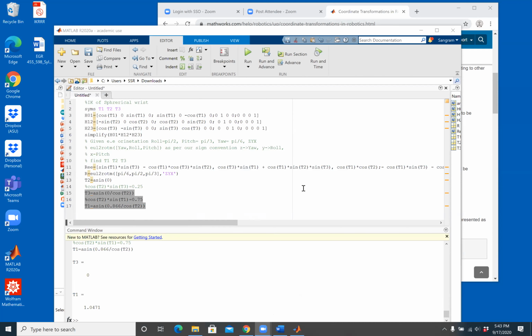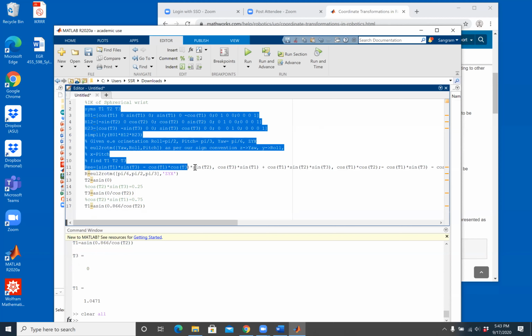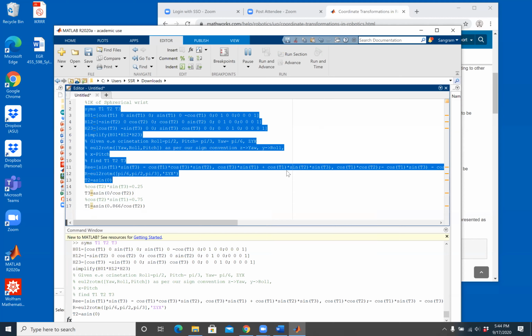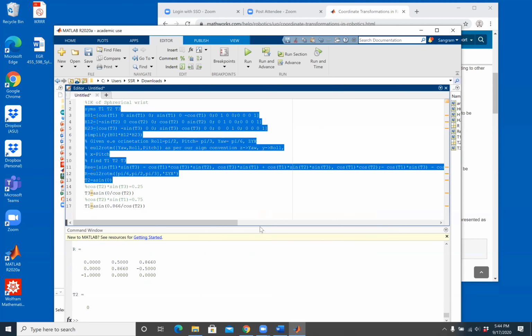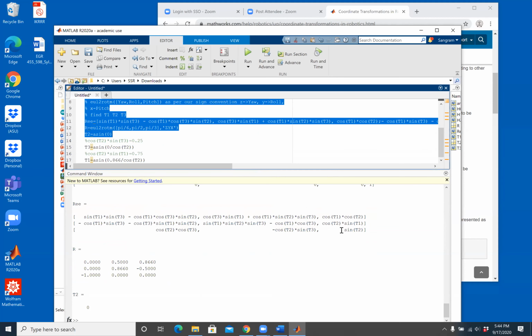So first we have H01, H12, H23. We have this matrix. So clear all. Okay. Now I need to pick up the equations and I will go again step by step.